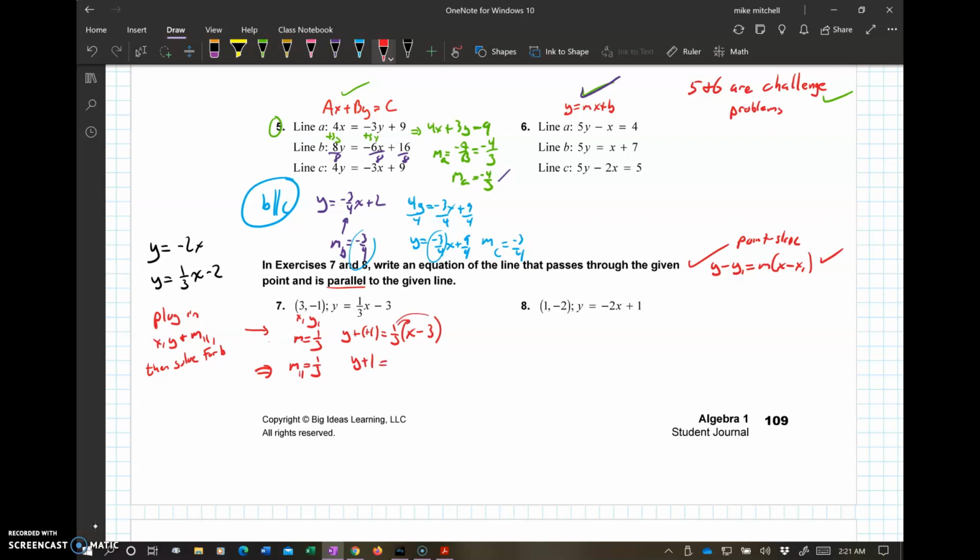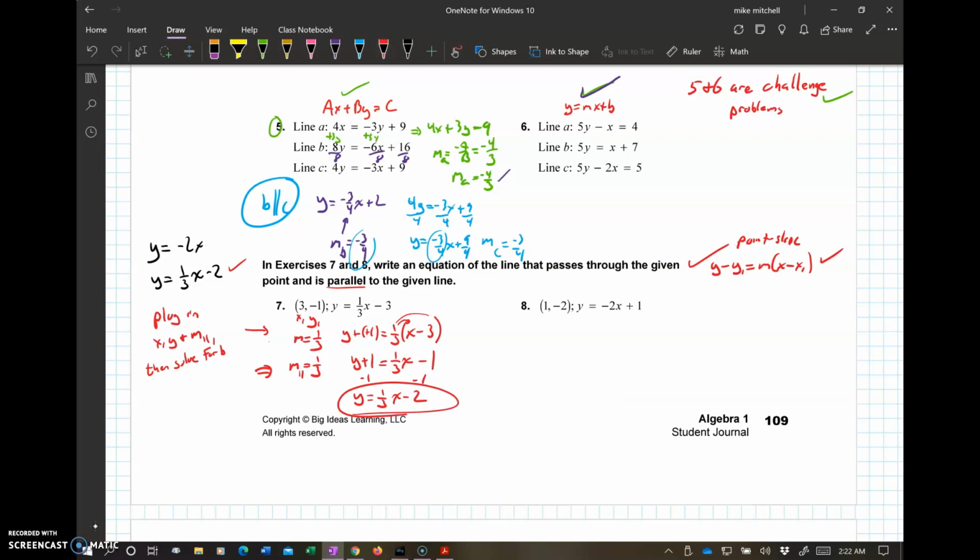Going to distribute 1/3 x. 1/3 of 3 is 1. Positive times negative is negative. Minus 1 minus 1. Y equals 1/3 x minus 2. Come over here. I got that answer. It's looking good.